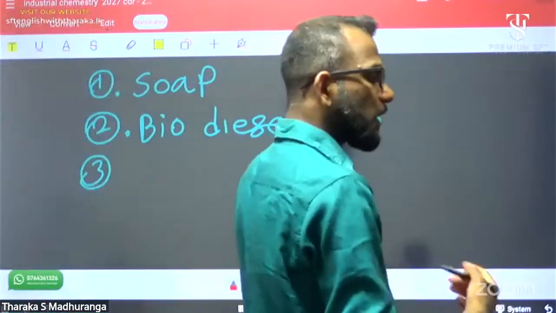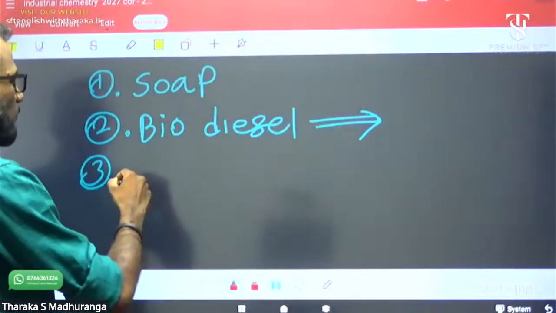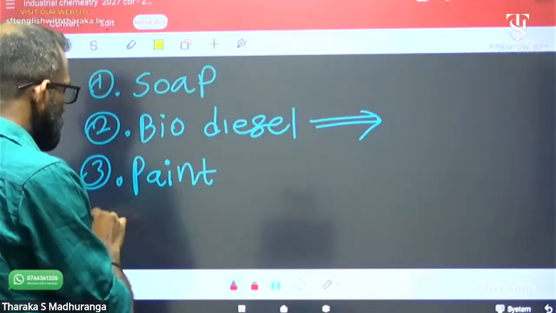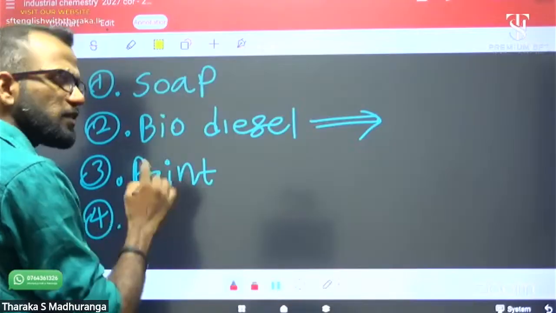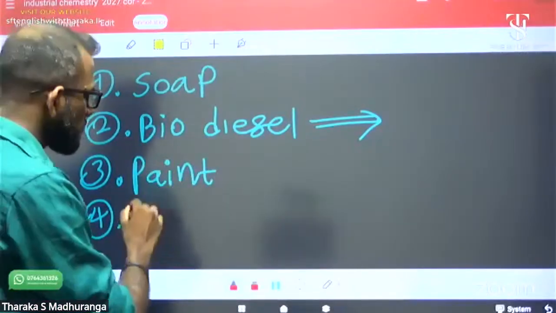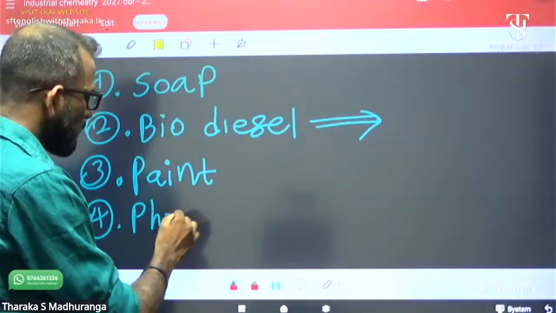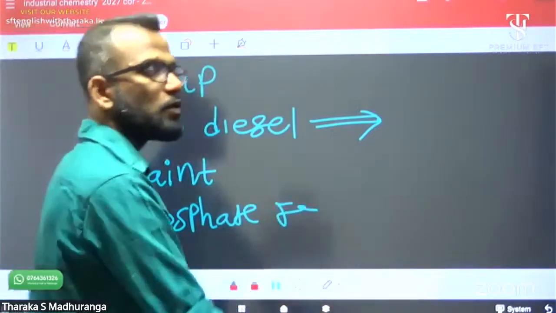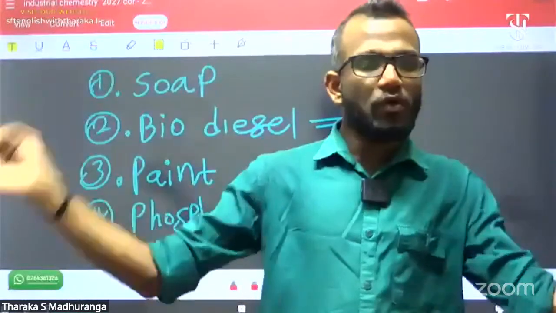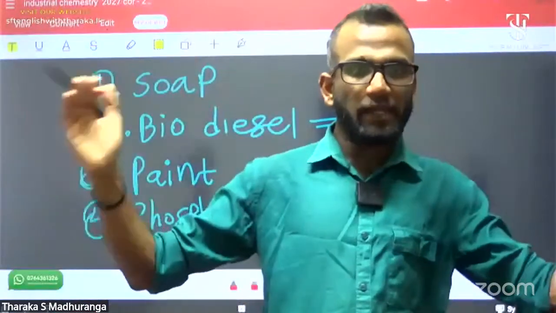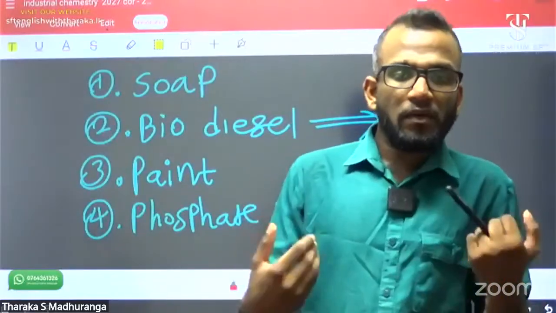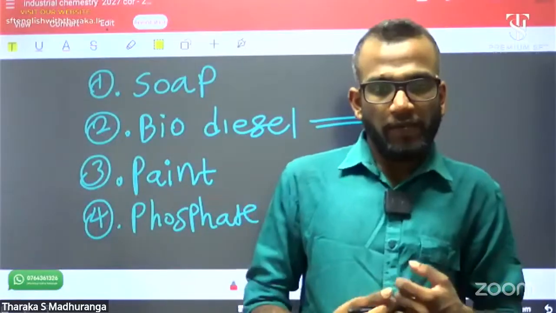The third one, paint production. The fourth one, fertilizer production. In this lesson, we mainly discuss phosphate fertilizer production, because we have a huge apatite deposit. Apatite is a raw material for producing phosphate fertilizer.